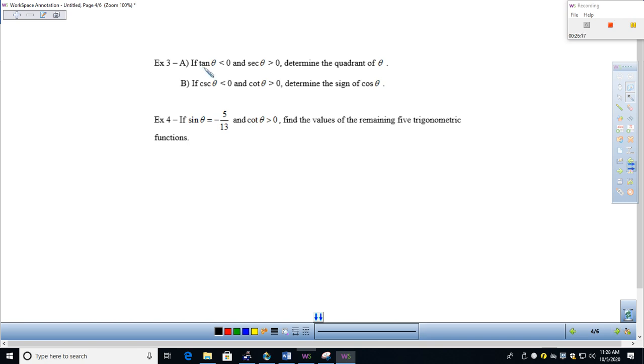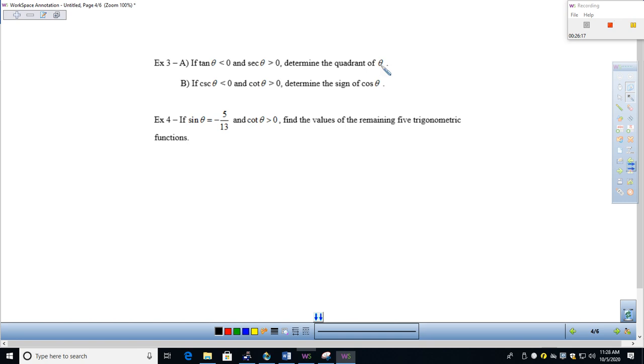Let's do A and then let's do B. So if tangent of theta is less than 0, and if it helps you, everybody, less than 0 means that's negative. Greater than 0 is positive. So if tangent of theta is negative and secant of theta is positive, which quadrant are we in?